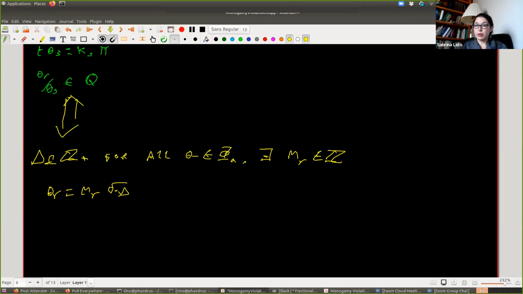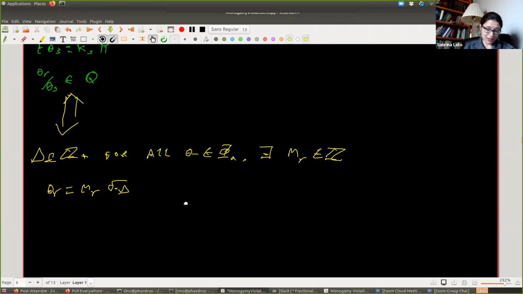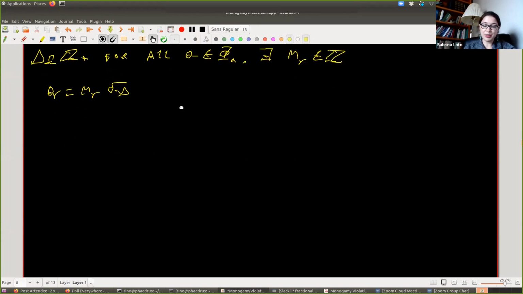So every eigenvalue in the eigenvalue support will be an integer multiple of the square root of the same square free negative integer. And like I mentioned, it's just algebra to show that.